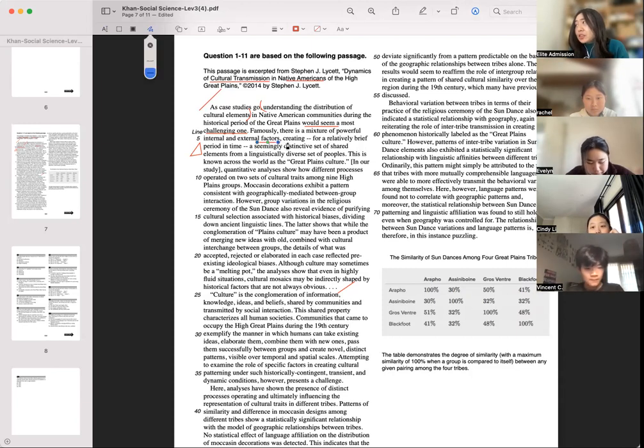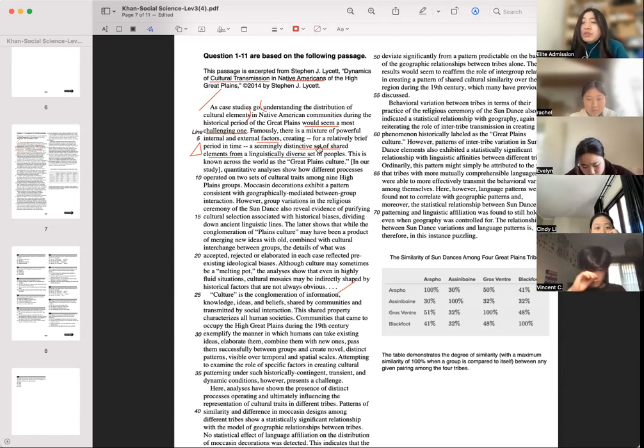Different factors, external and internal, creating a similar distinctive set of shared elements from a linguistically diverse set of people. So they speak different languages, but they have a shared set of cultural elements, right? Shared elements, shared culture, sort of like that.